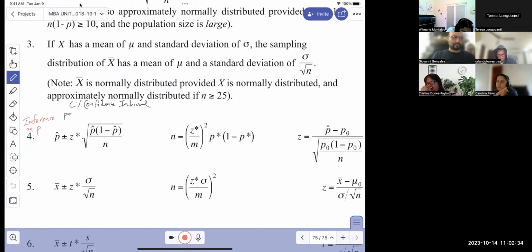I call it the point estimate. That's the unbiased estimator of the parameter, plus or minus what's called the critical value, times the standard, so we usually call it the standard error.